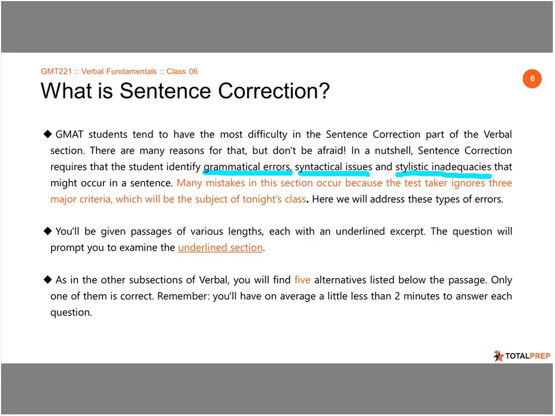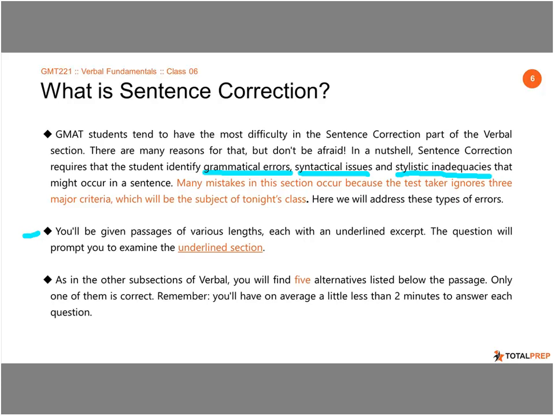You'll be given passages of various lengths, each with an underlined excerpt. The question will prompt you to examine the underlined section. It doesn't mean that you have to ignore what is not underlined, right? We'll be talking about that in a minute.